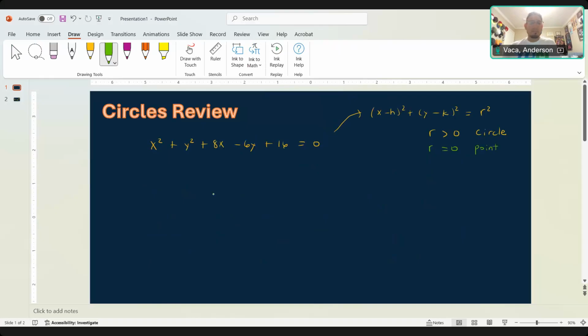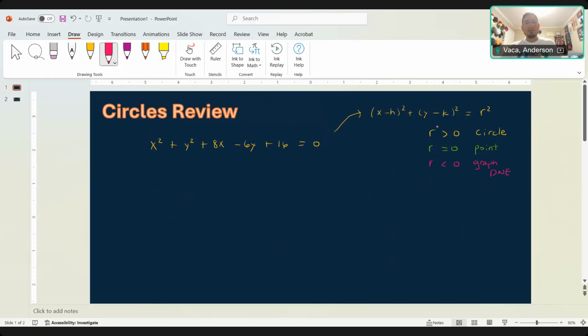And if the radius, when we do our math, turns out to be less than 0, this graph does not exist. So in the previous example, our computation revealed that we found a center and the radius was greater than 0, so that equation makes a circle.